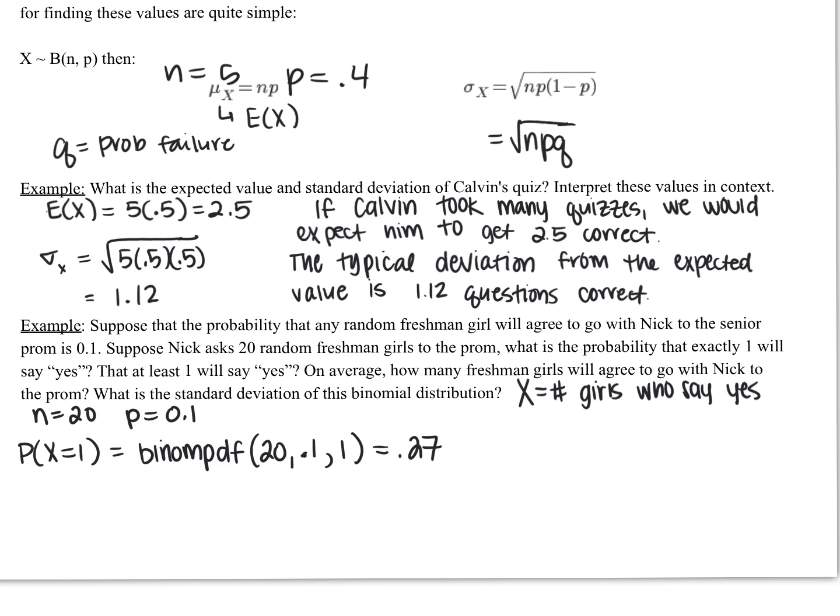The next one is the probability that at least one will say yes. So that's the probability x is greater than or equal to 1. Again, we want to change this to a situation where I can use either CDF or PDF depending on how it changes. So this is going to be a 1 minus.